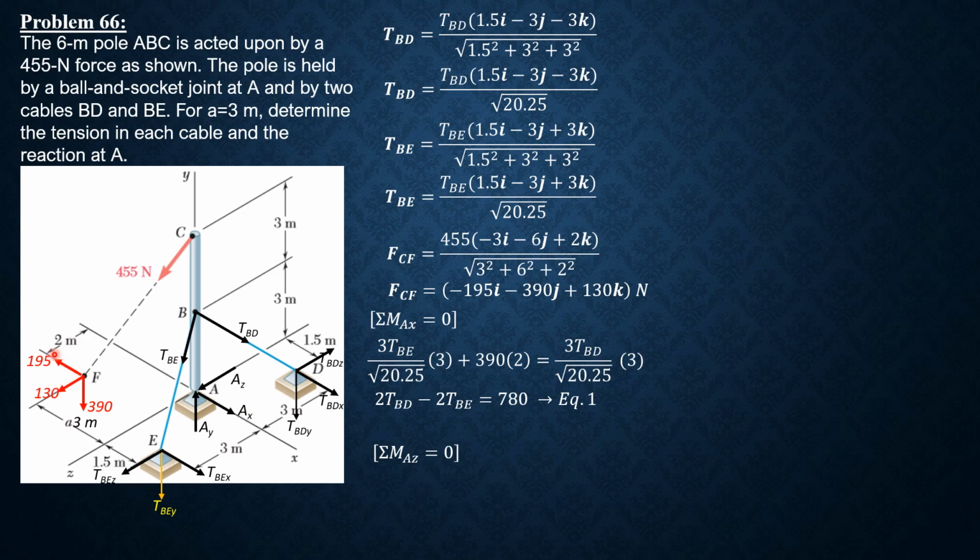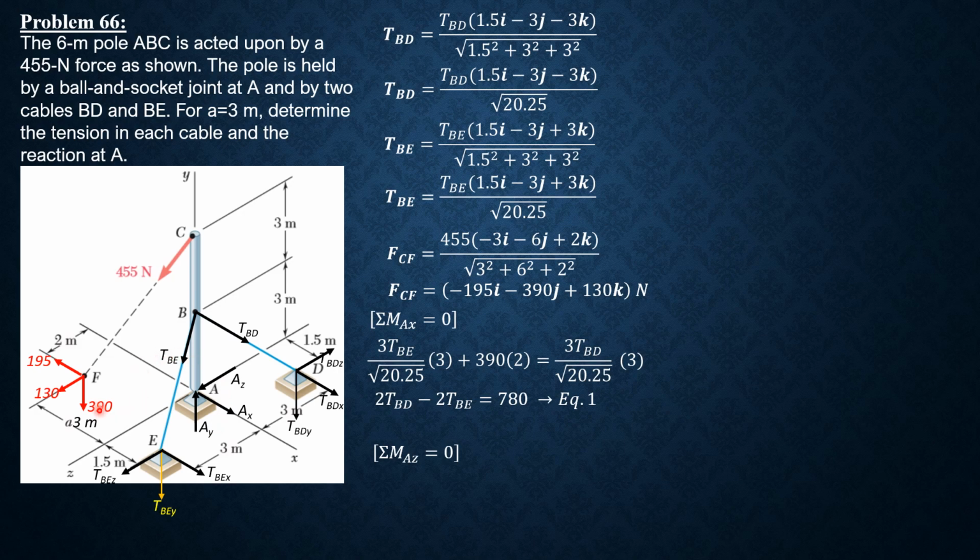And for the components of force, only 390 is involved because this is parallel, and 195 passes through AZ axis. So by right thumb rule, positive moment is in that sense.